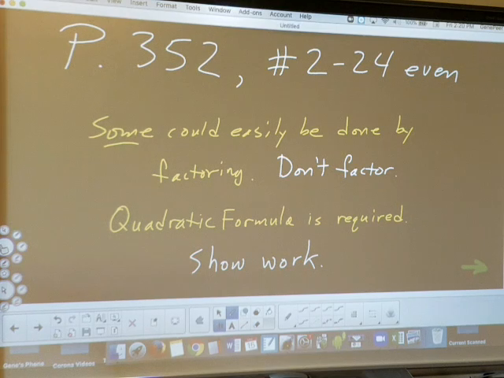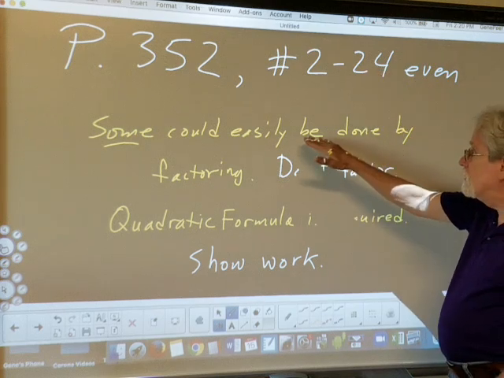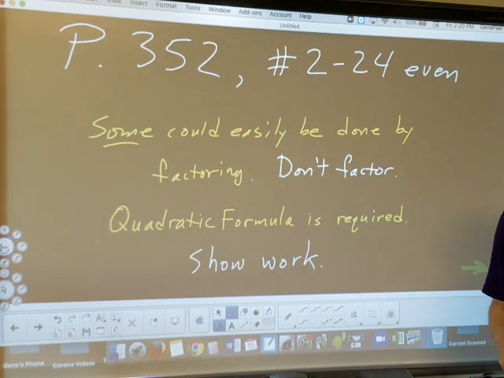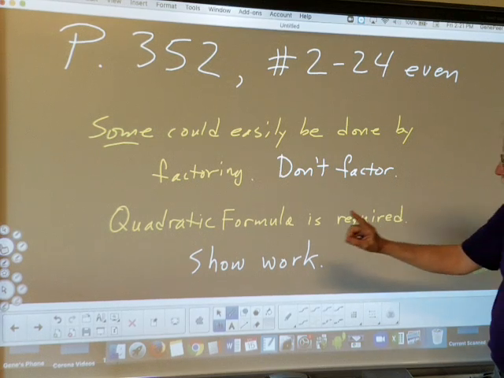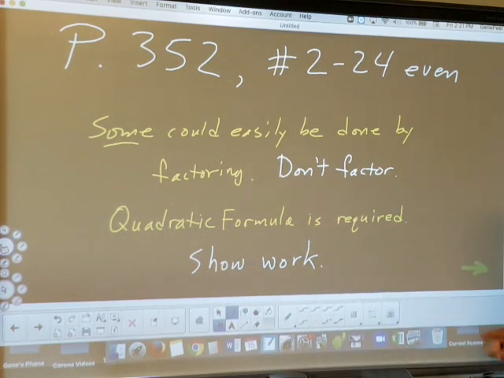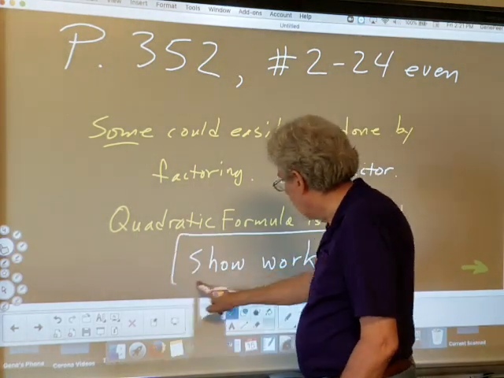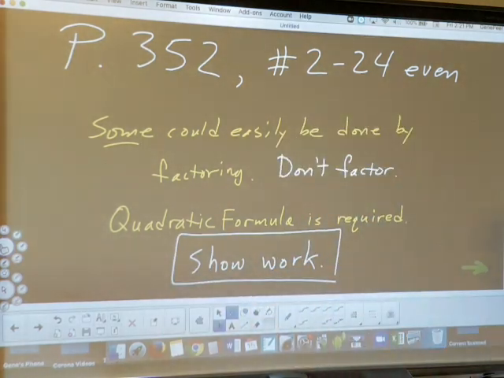That's it. Your assignment: page 352, numbers 2 through 24 even. Some of these, not many, but some of these could be done easily by factoring. Don't factor them. You are expected to use the quadratic formula on all of these, and obviously your work must be shown.